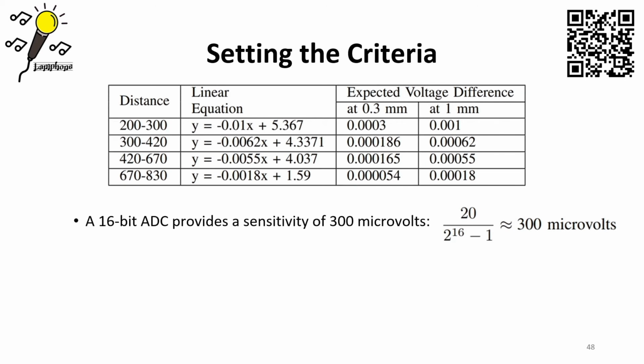Now let's understand what can be learned from this table. In order to understand, let us assume that we use a 16-bit A to D. The 16-bit A to D provides a sensitivity of 300 microvolts. You can see the calculation here.